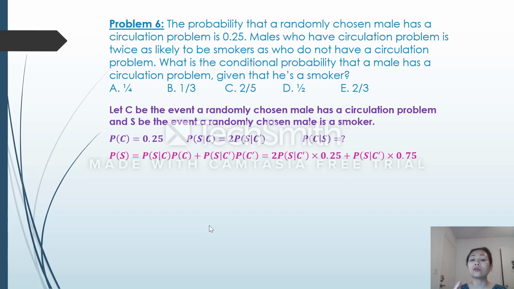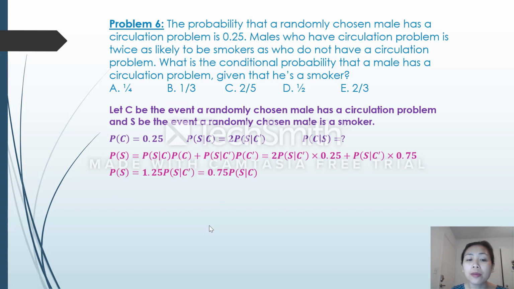And now we are going to replace probability of S given C by 2 times probability of S given C prime, because that's what is given from the second piece of information. So that's equal to 2 times probability of S given C prime times 0.25 plus probability of S given C prime times 0.75. Now we combine them. We factor probability of S given C prime out.